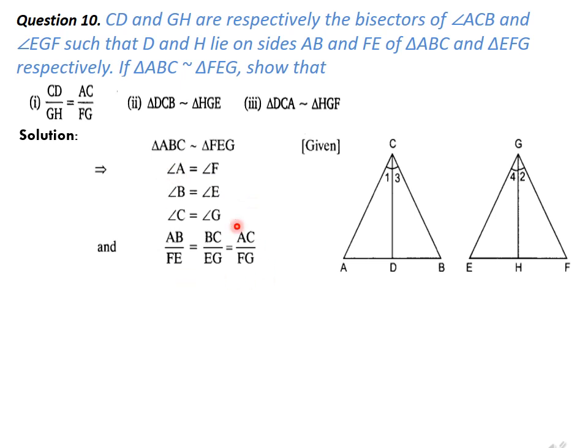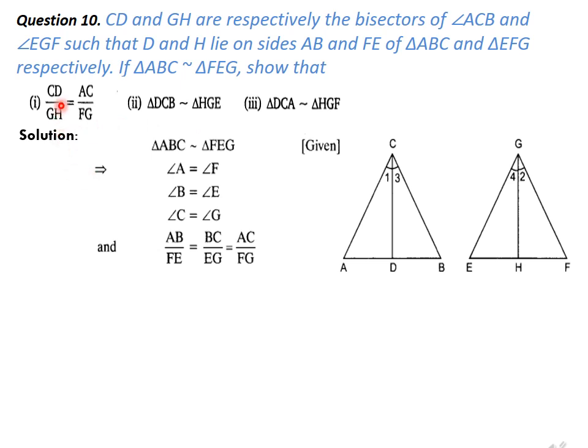And their ratios will also be equal. Therefore, AB by FE is equal to BC by EG, and the last ratio will be AC by FG. So all the ratios will be equal. This is what we have got from the given information, that the two triangles are similar.